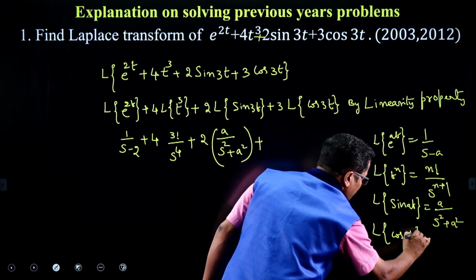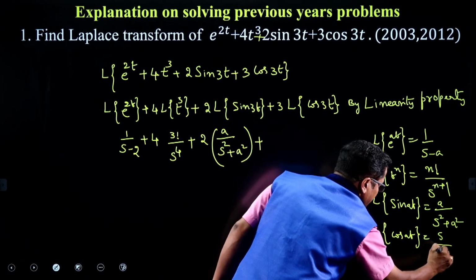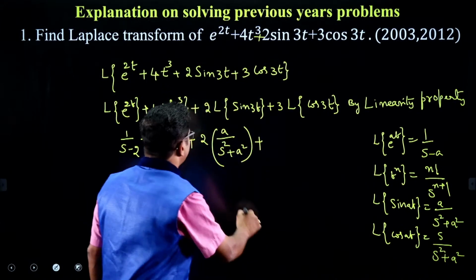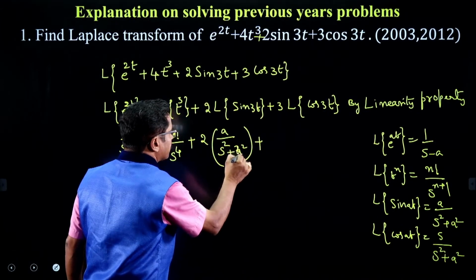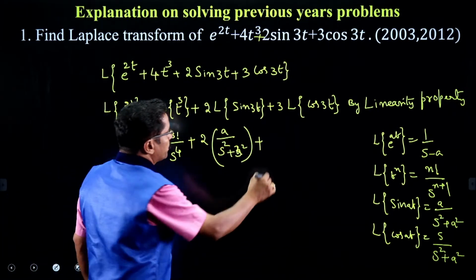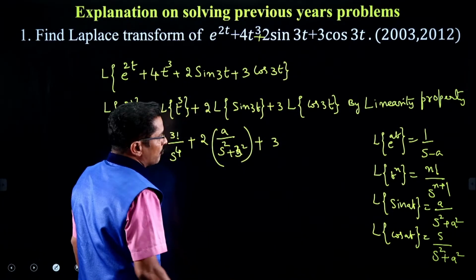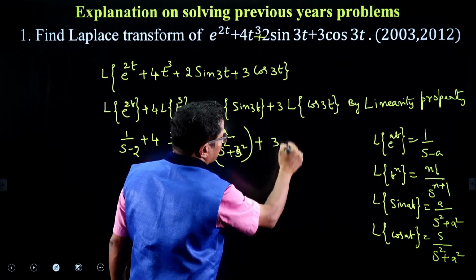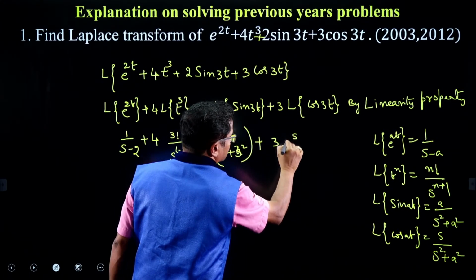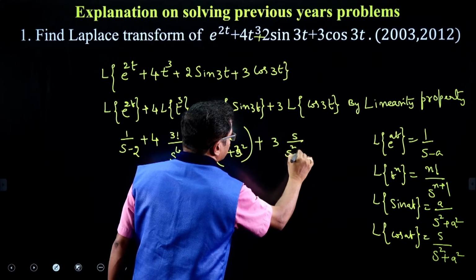L of cos at formula you take, that is s by s square plus a square. So here a is 3. So L of cos 3t means s by s square plus 3 square.